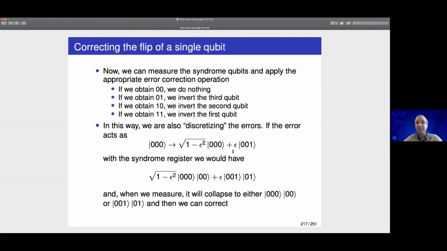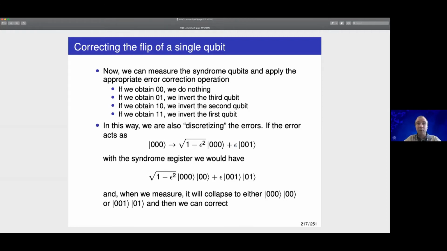So we have this state which is not correct because it does not encode real information, because in order to encode real information, these 3 qubits should be the same. But we only have here a small deviation from the correct state. So it seems that since it has not changed completely from 0 to 1, maybe we cannot correct this.